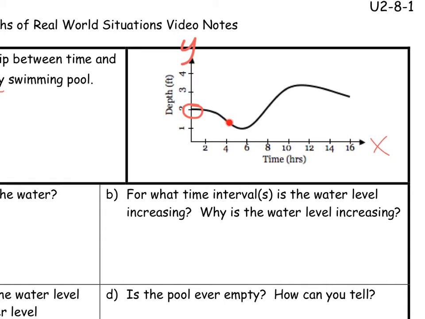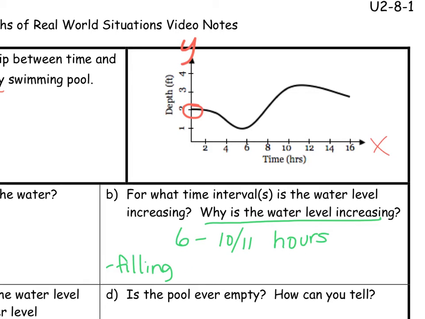It's decreasing right here, and right about 6 hours it's increasing, and it stops somewhere between 10 and 11 hours. So our increasing interval will be somewhere between 6 and 10, 11 hours. Why do you think the water level is increasing? Well, it could be that they're filling the pool. We said it was a leaky pool. Or that there's people in the pool.